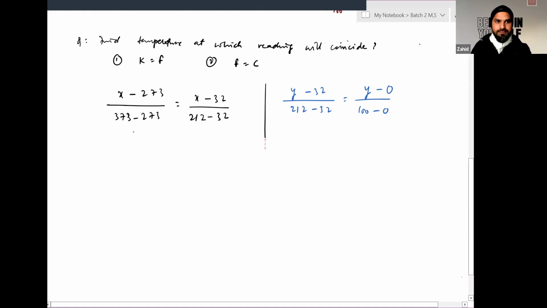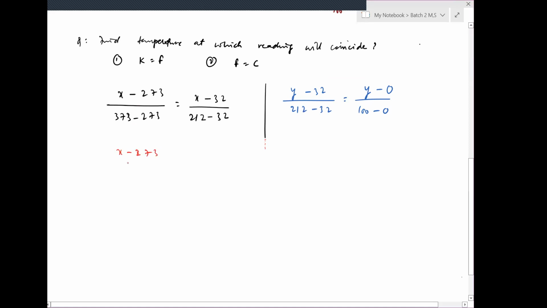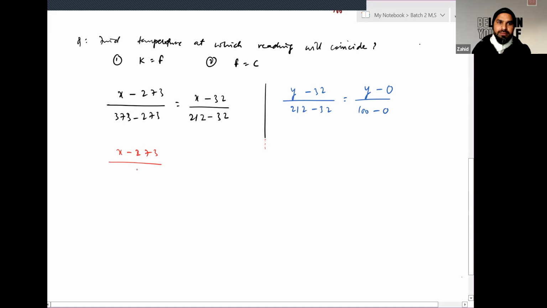Samara, let me solve. We can write (x minus 273) divided by (373 minus 273, which is 100) equals (x minus 32) divided by (212 minus 32, which will be 180). So this 0 and this 0 will cancel out. Now take cross multiplication.